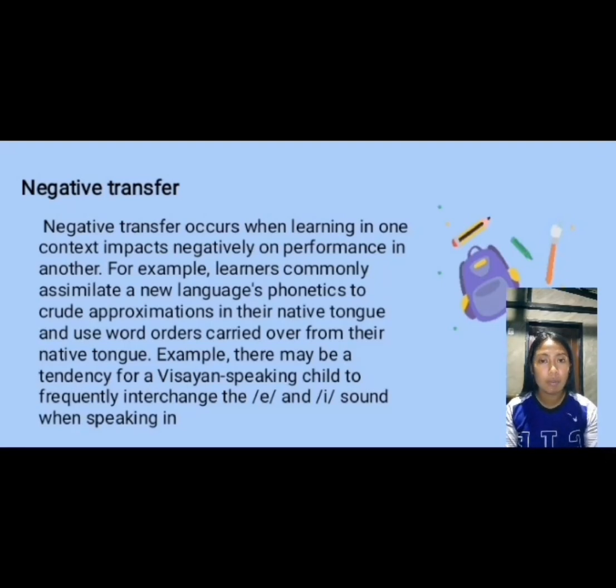So, yun yung tinatawag natin na negative transfer. Mas nagiging negative ang impact sa atin kasi mas nahihirapan tayong matutunan dahil nga mas nasasanay tayo sa kung ano yung una nating natutunan.